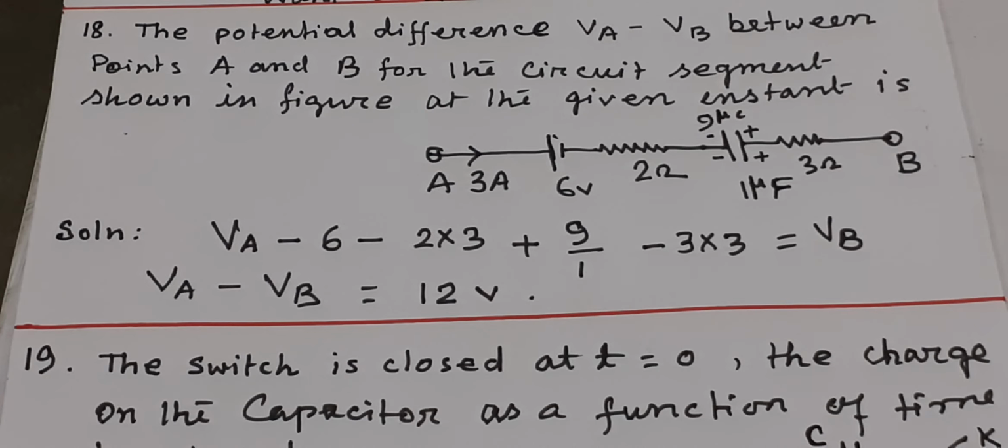The left side is negative, the right side is positive, and then another resistance of 3 ohm, then point B. Now you have to find VA minus VB. Then how to start? As the current direction is clearly given, we can start like this.